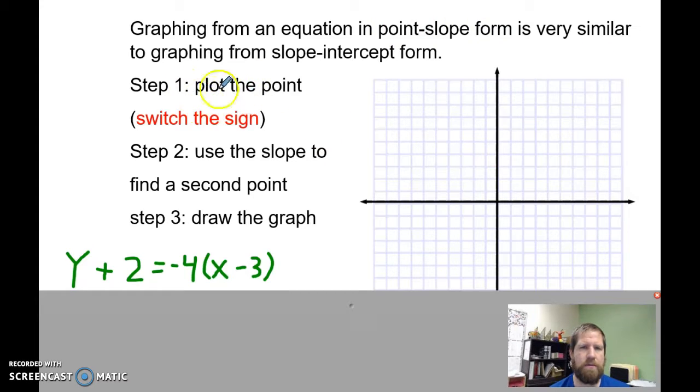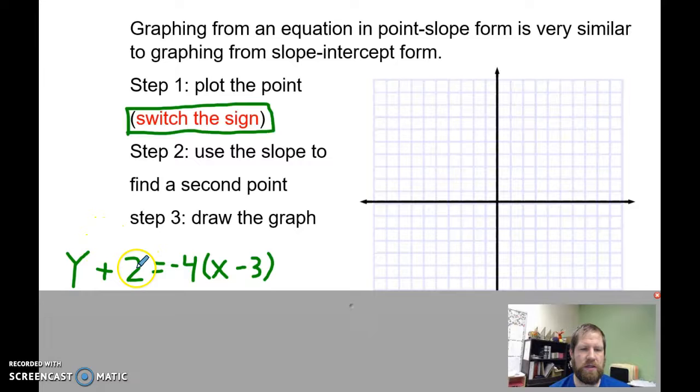So the first step is just like with slope-intercept, find your point and plot that point, okay? The important thing to remember is you are going to need to switch those signs back, okay? So here's my x value. It says -3, so it's going to be a +3, okay? And here's my y value.